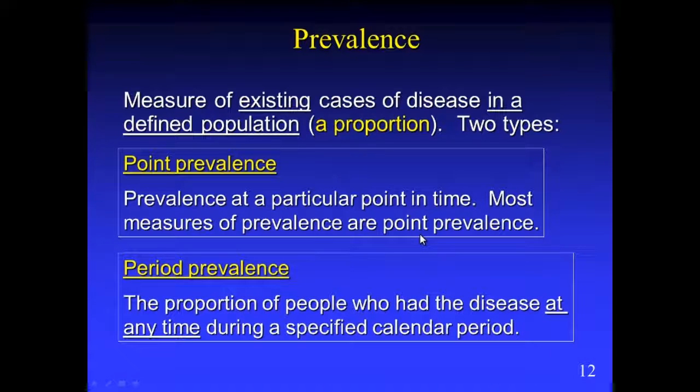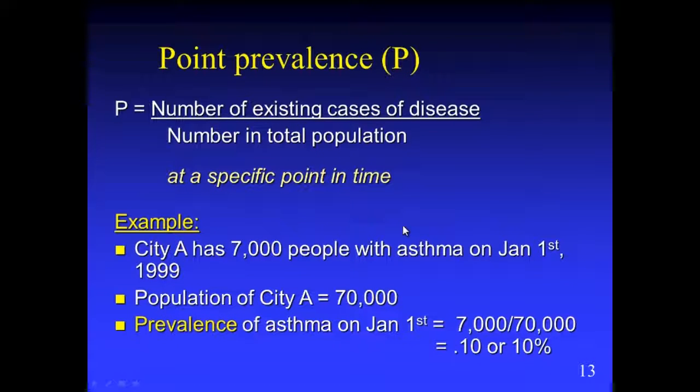The other one is period prevalence, and this is less commonly used, but sometimes useful. It's the proportion of people who had the disease that we're interested in at any time during a specified calendar period. So let's talk about how they're calculated, and we'll come back to the distinction between point and period prevalence, how to distinguish between them.